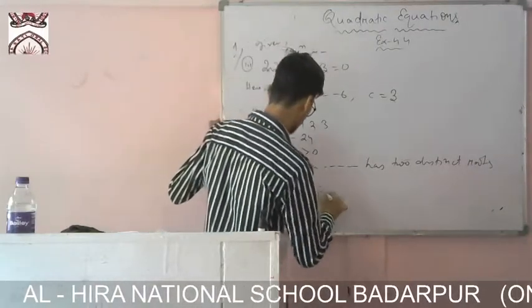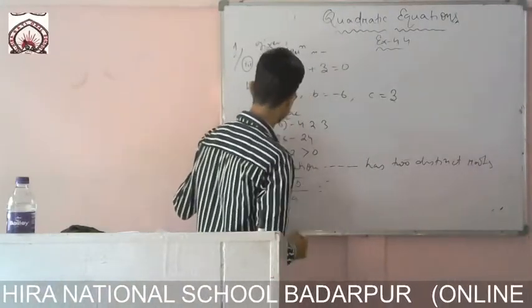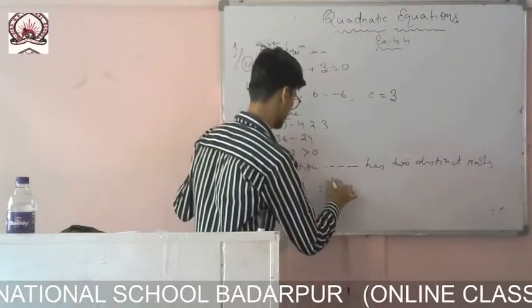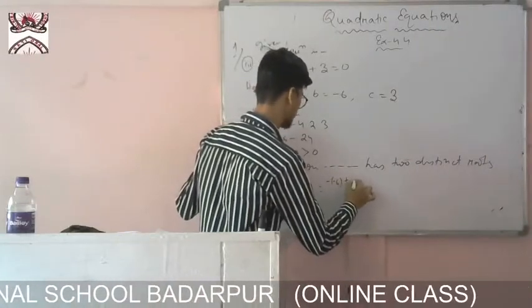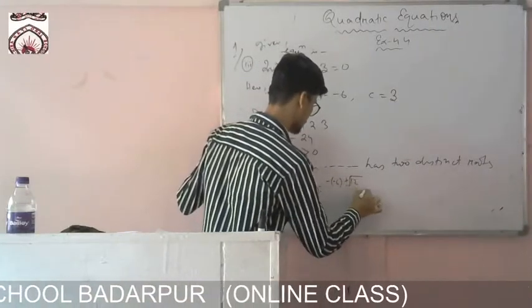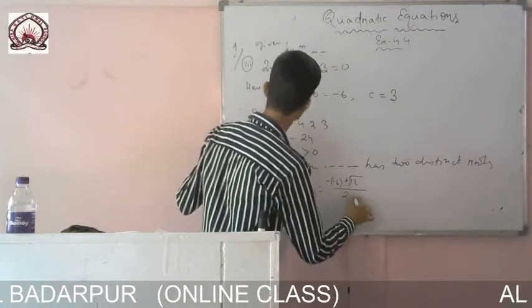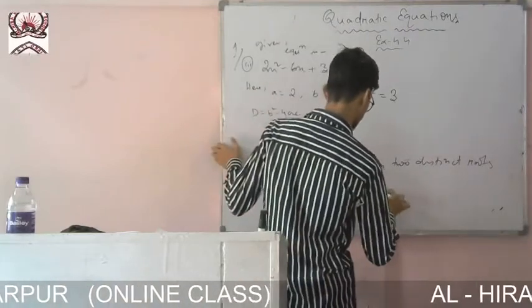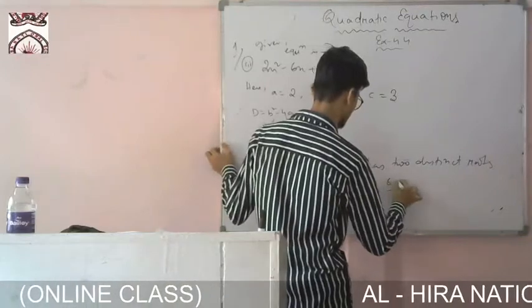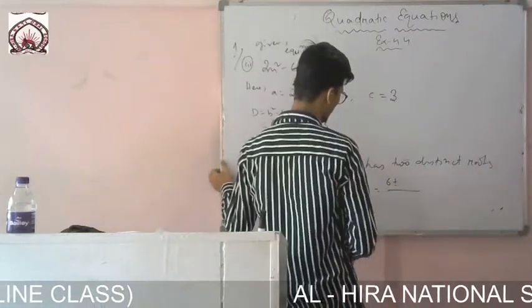So minus b, that is minus of minus 6, plus minus root of the discriminant 12, by twice a, that means 2 2s are 4. So it is 6 plus minus root over 12.